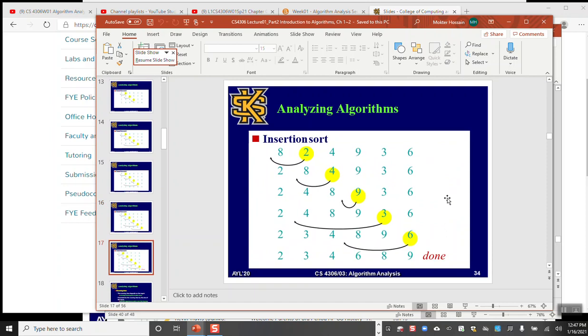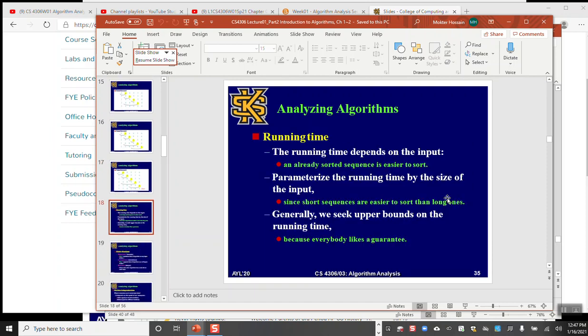As we discussed in part 1 of lecture 1, we analyze algorithms based on two criteria. One is the memory size, and another is the running time, the time it needs to complete the algorithm.